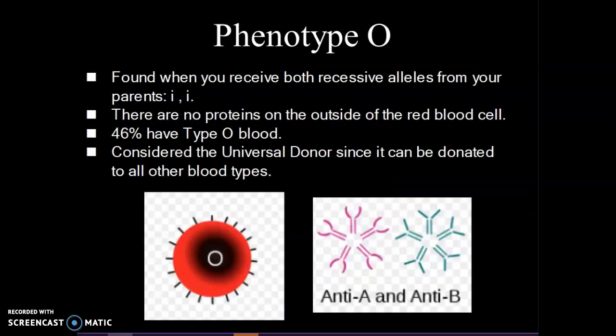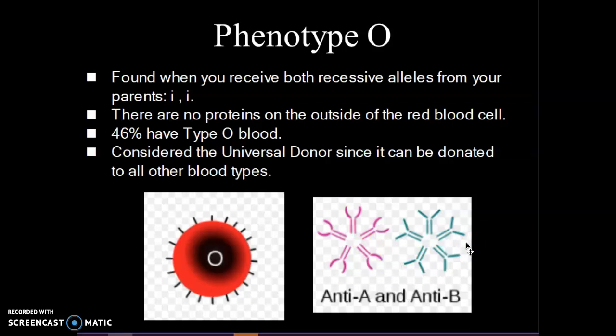All right, then the last one is called phenotype O, and you can actually think of this O as a 0 because they have no proteins on the outside of their cell membrane here. See how they have none? But the problem is they have anti-A's and anti-B's. So if I tried to put A blood in an O person, it would clot.